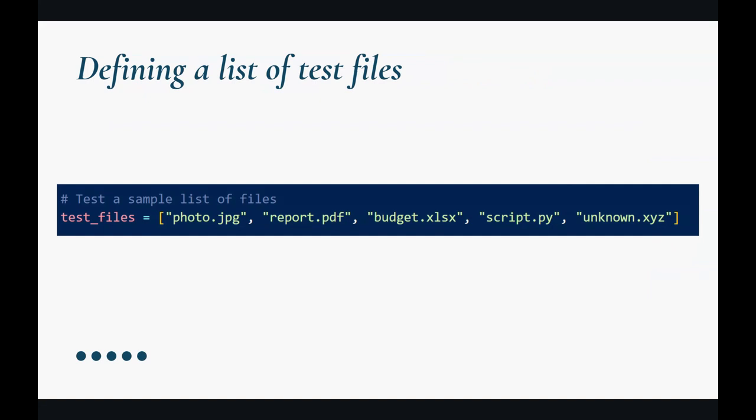We have a list of test files: photo.jpg, report.pdf, an Excel spreadsheet, a script, and some random file that has an extension that we may or may not be familiar with. It's just an example of a general random file.